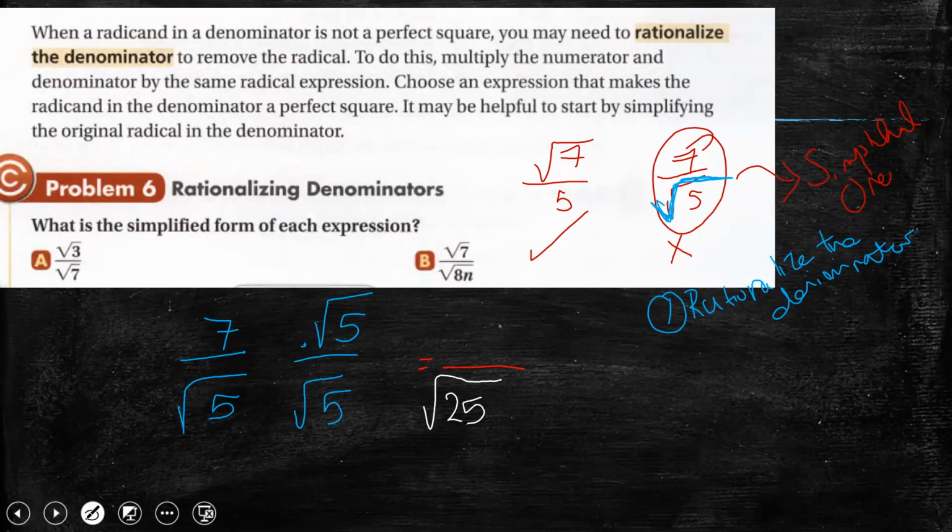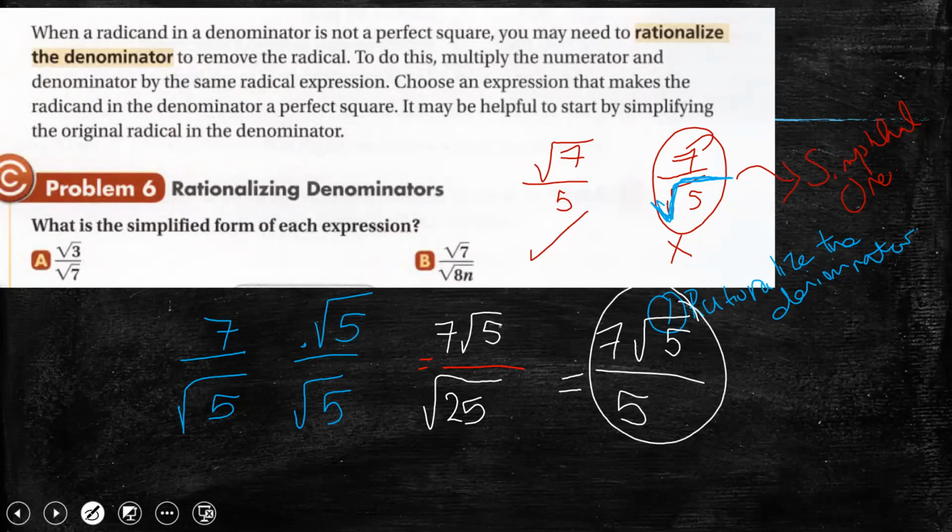And 7 multiplied by square root of 5 will be 7 square root of 5. Then I will say 7 square root of 5 over square root of 25, which is 5. So this will be the final answer: 7 square root of 5 over 5.